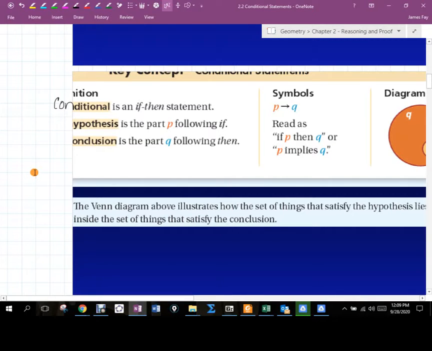What it really means is that it's a statement that links two parts, two statements. And the second part cannot be concluded until the first part is satisfied. That's the structure of an if-then statement.